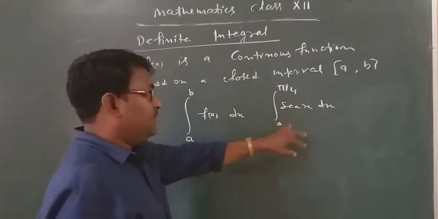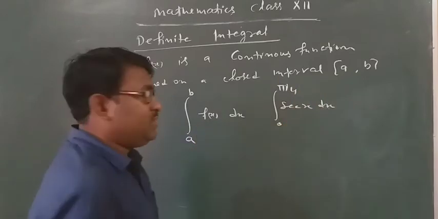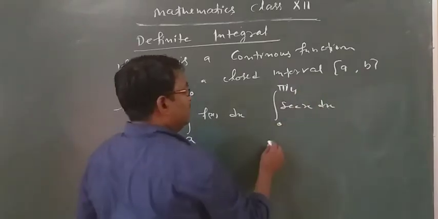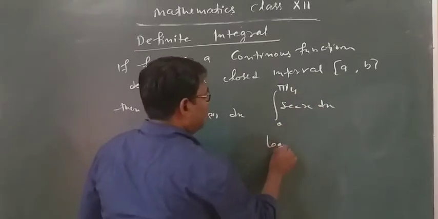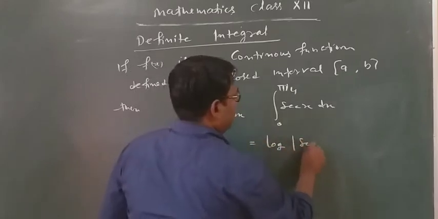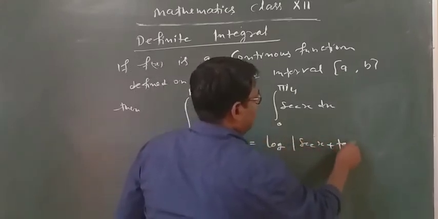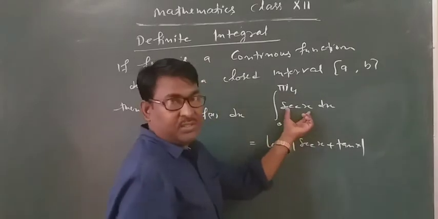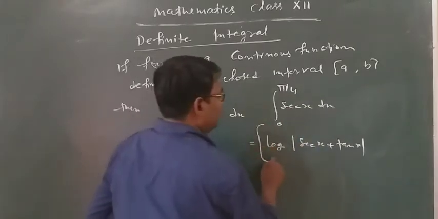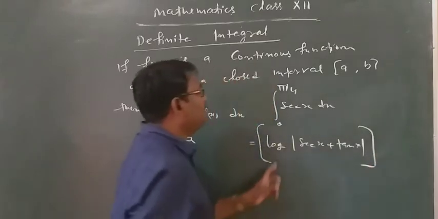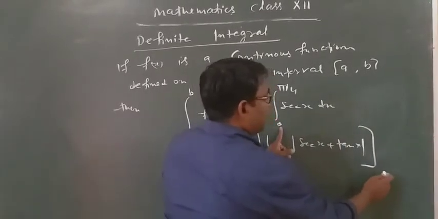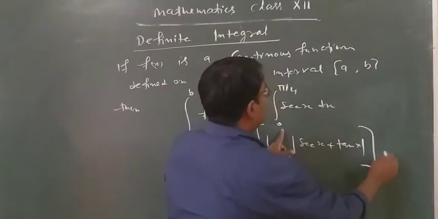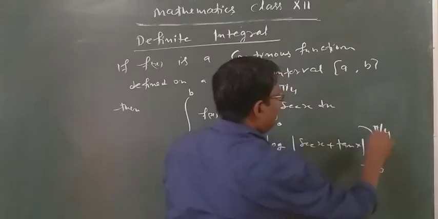These are the limits. Now sec x dx. What is the integration of sec x? This will obviously be log of sec x plus tan x. Now, just write this in a capital bracket and on the right side write these limits, 0 to pi by 4.